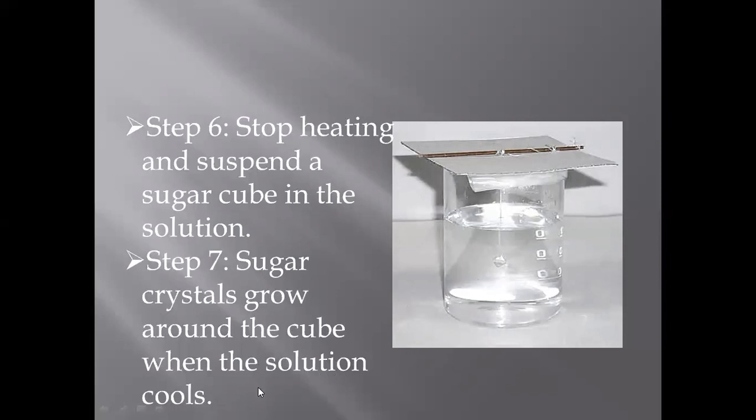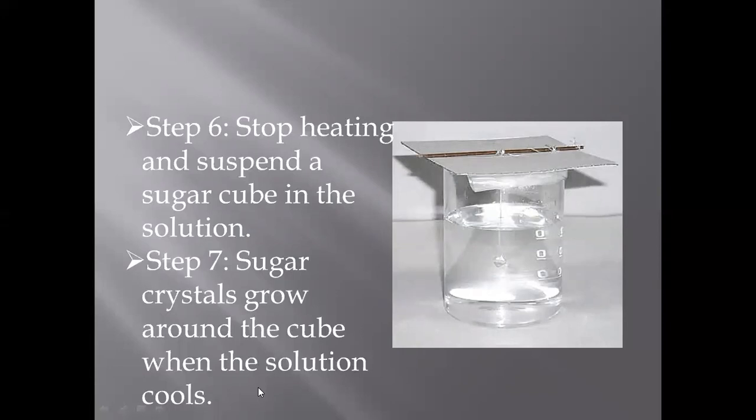So in this method, what is done? Water is taken in the beaker and sugar is added with constant stirring, and the solution is heated, and keep on adding more and more sugar till the solution reaches its saturation point.